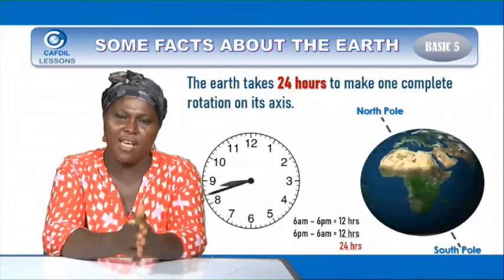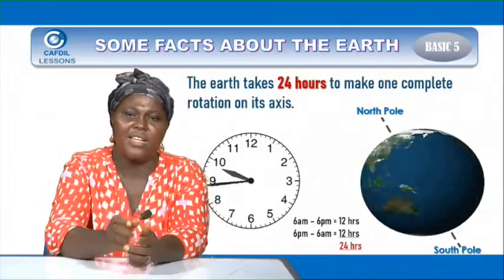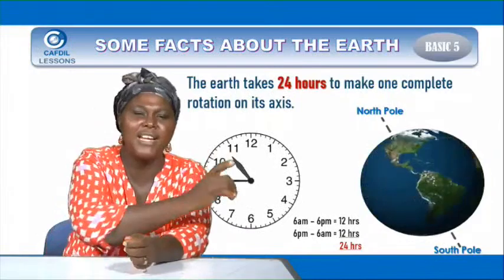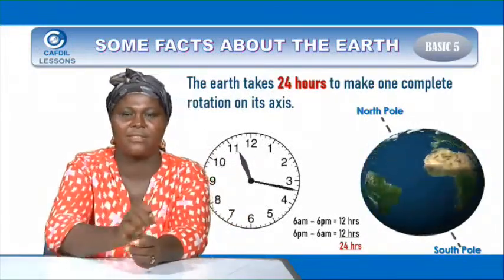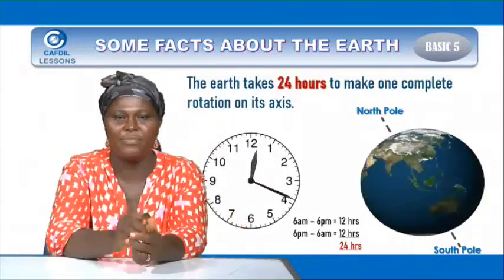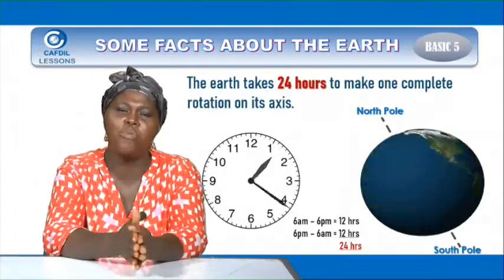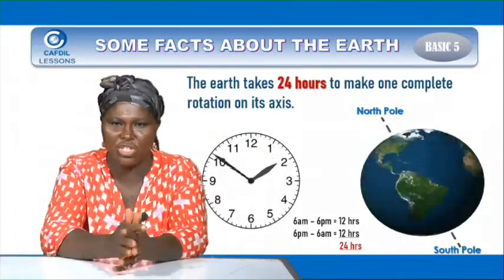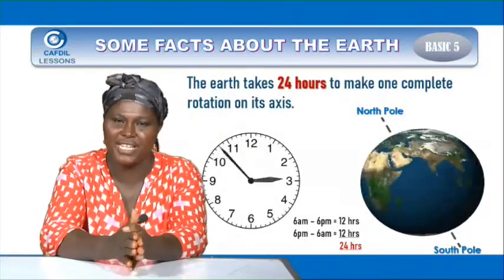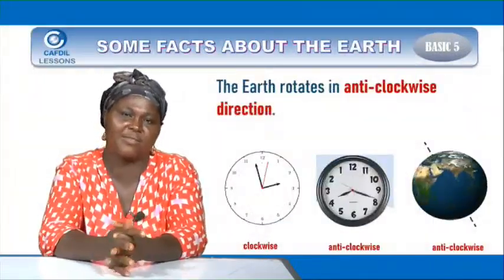From 6 p.m. to 6 a.m., we have another 12 hours. When we add, we get 24 hours. So the Earth takes 24 hours to make one complete rotation on its axis. I hope you are following the lesson. Very good.